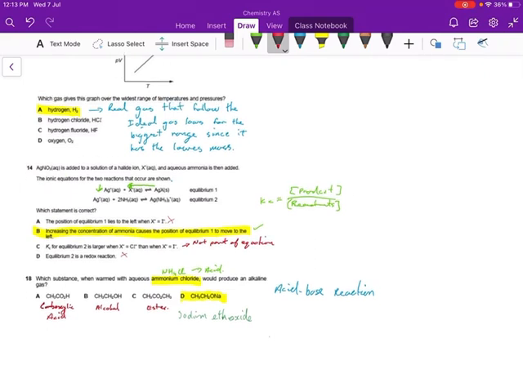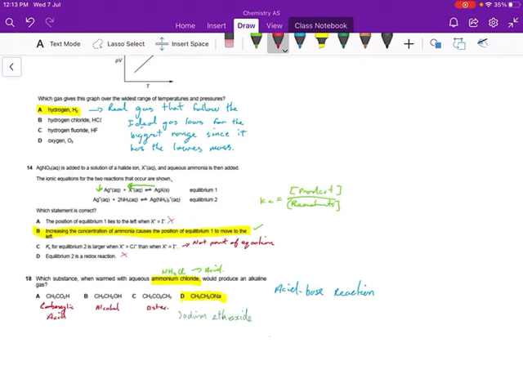18. Which substance, when warmed with aqueous ammonium chloride, would produce an alkaline gas? Now, identify the compounds first. Well, ammonium chloride, NH4Cl. Now, note that there are additional hydrogens in this, and it can act as an acid. Why am I thinking that immediately?